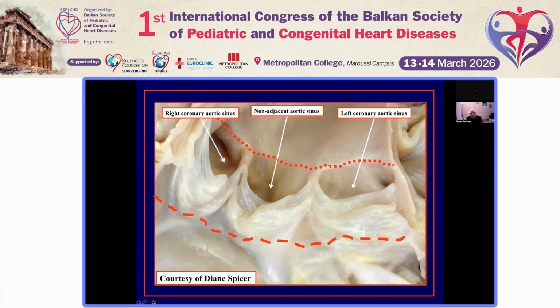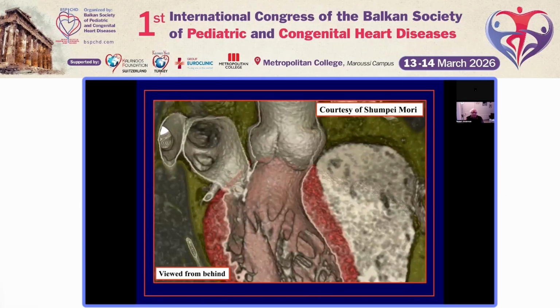This is a virtual plane, and it's what we call the virtual basal plane. I am sure many of the cardiologists in the audience still consider that to be the valvar annulus. Note that the leaflet comes together halfway up the length of the root, but take particular note of the interleaflet triangles.